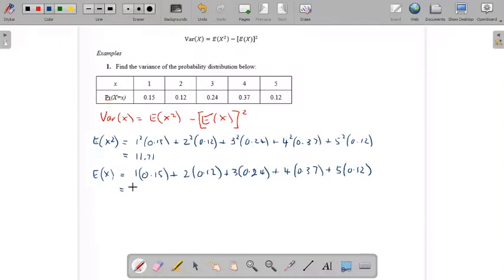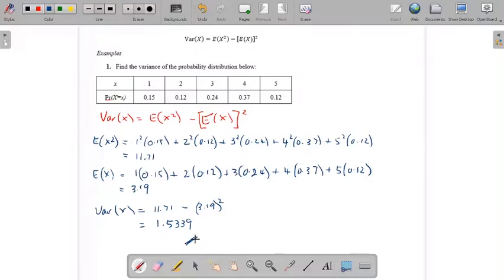So the expected value from calculating that is 3.19, and so our variance, as we can see, is going to be 11.71 minus 3.19 squared. Okay, so we work out the expected value for this part here and then square it. And so the difference between those two is 1.5339. Okay, so that's the variance.